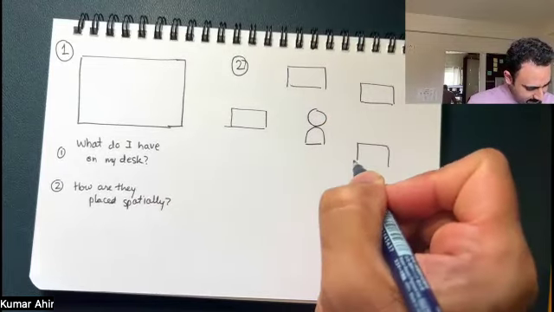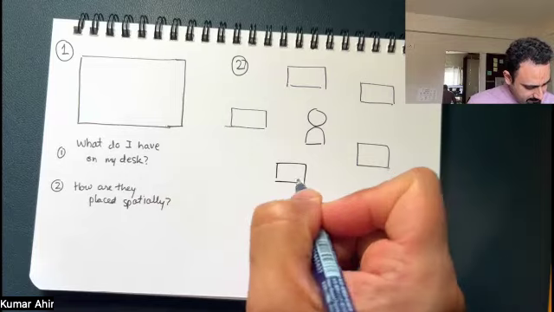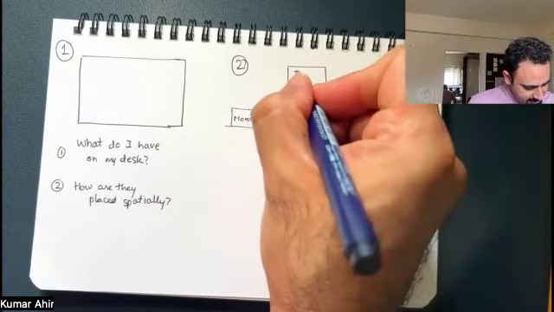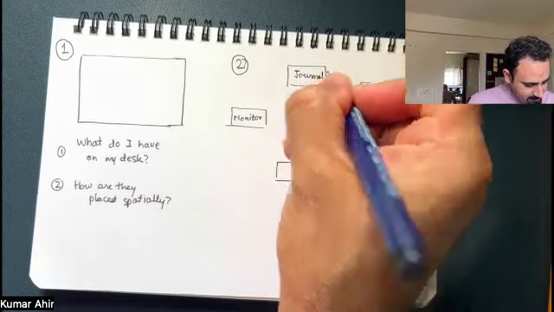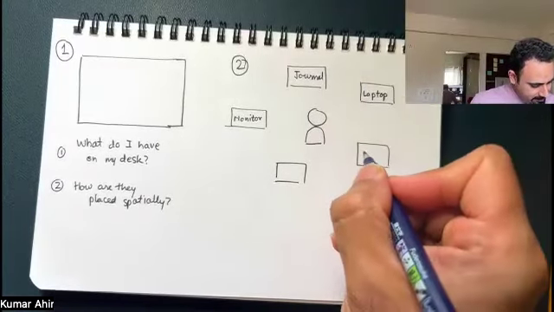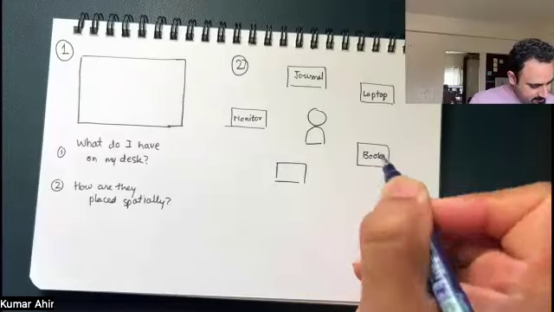Let's say I've placed 5 items. Maybe one of the items is a monitor. Okay. My journal, my laptop, books, maybe stationery.